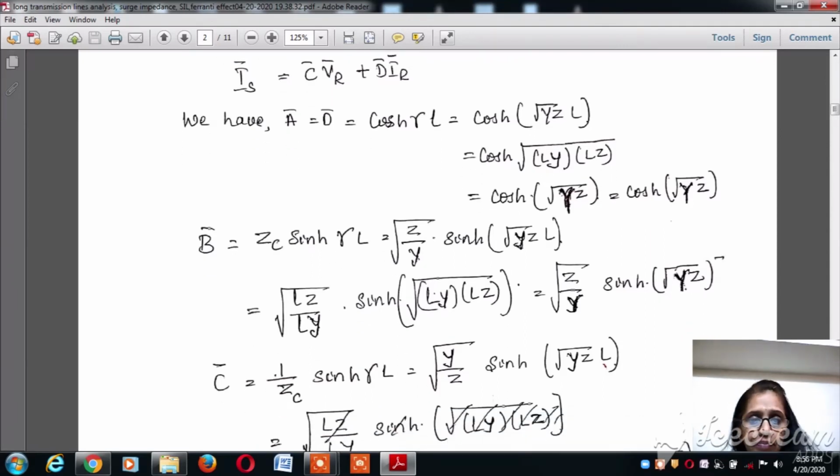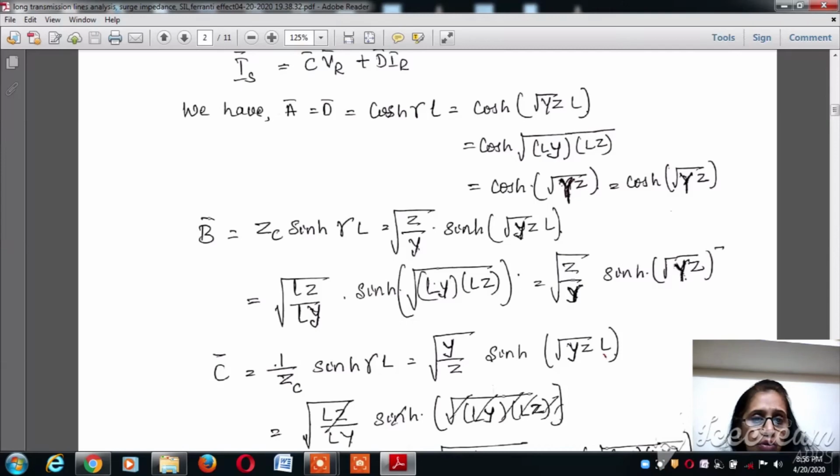Now B is equal to what? A is equal to D, which is the condition for symmetry. So B is equal to Zc into sinh(γL), by comparing the equations.